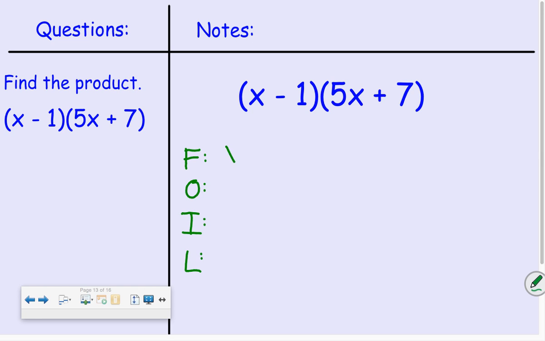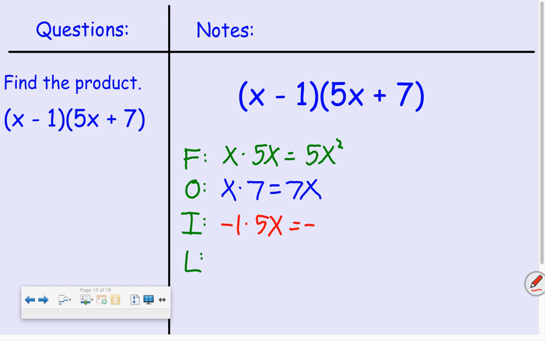First, x times 5x is 5x squared. Outer is x times 7, which is 7x. Inner, which is negative 1 times 5x, so negative 5x.